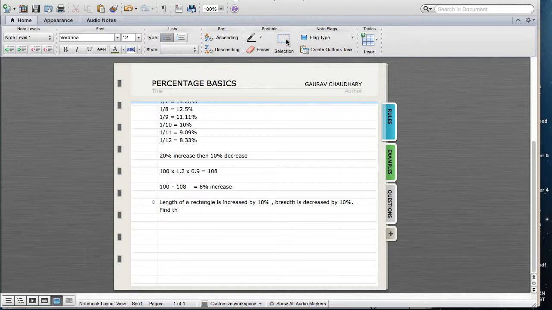So we have to find the net percent increase or decrease in the area of the rectangle.